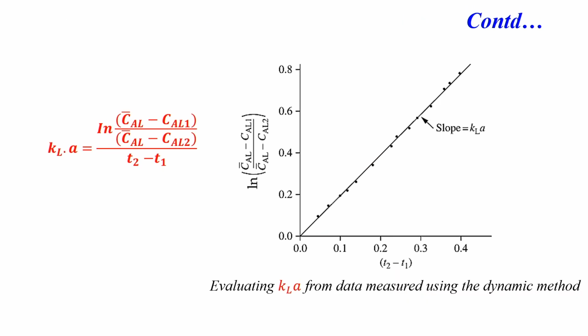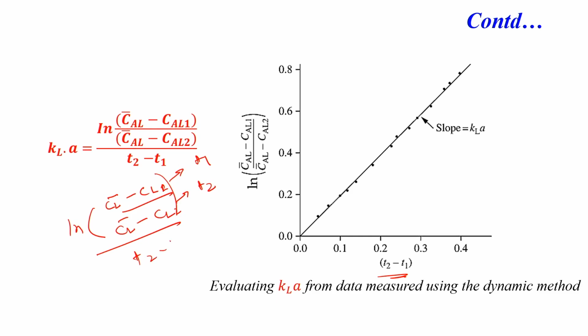Once you have this data, T2 minus T1, the x axis is ln of CL bar minus CL1 corresponding to time T1, over CL bar minus CL2 corresponding to time T2, divided by delta t, which is T2 minus T1. In this way we get the KLA value.